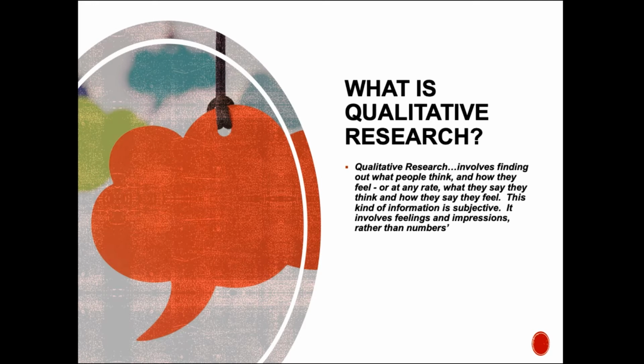It involves feeling and impression rather than numbers. So put it in a simple way, qualitative research is about words rather than numbers. Interviewing people, understanding their feeling, their perception, their beliefs, and do research based on that feeling, that perception, or that knowledge.